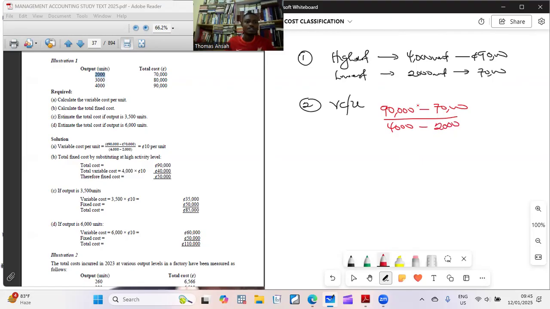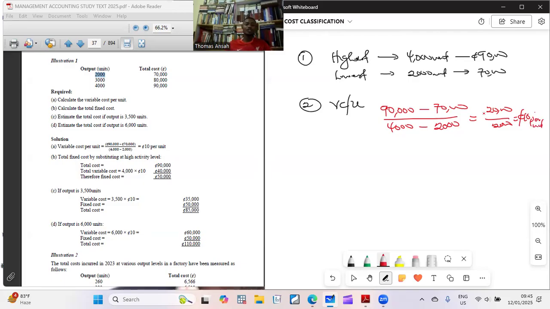So basically, this is what we do. And when you do this correctly, of course, this is 20,000 and this is 2,000. So you realize that you have 10 cedis per unit. So that is how you find it. All right, that is all.